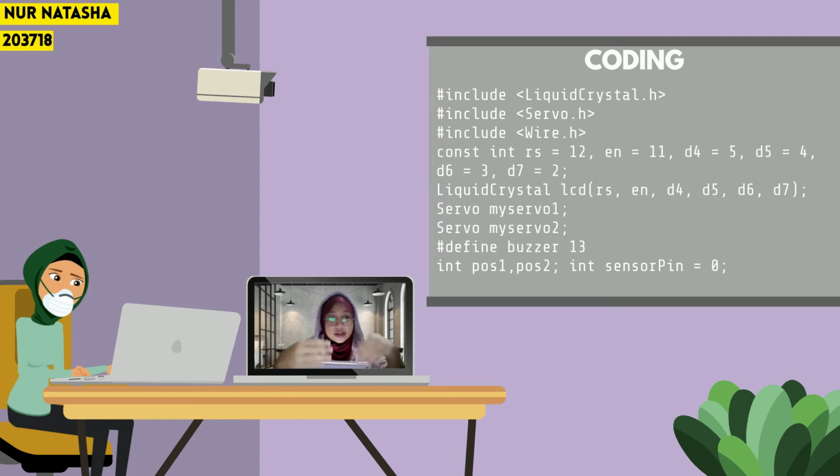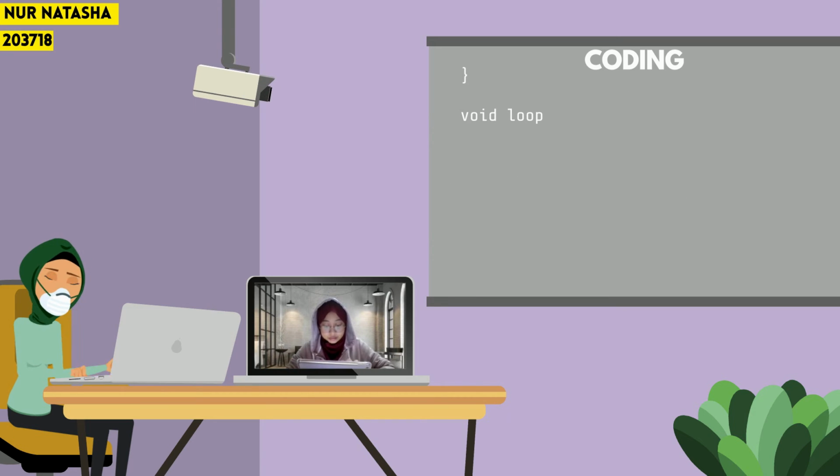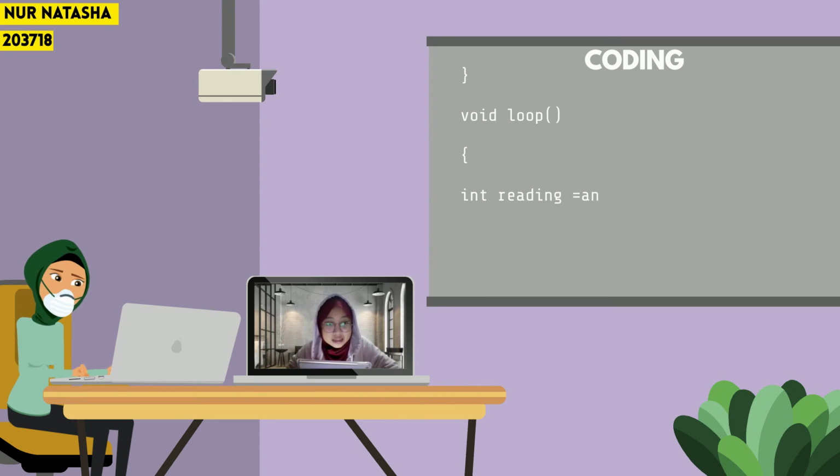Next, we write setup and everything. Next, for the part of my servo 1 attach 7 and 8 is the connection of the servo to the Arduino Uno port. And then the void loop. The void loop is where the program starts.